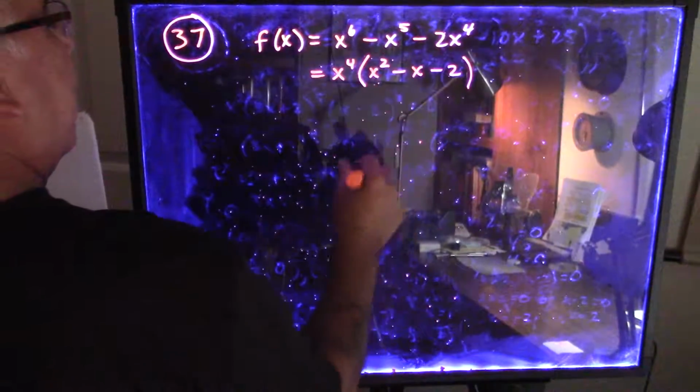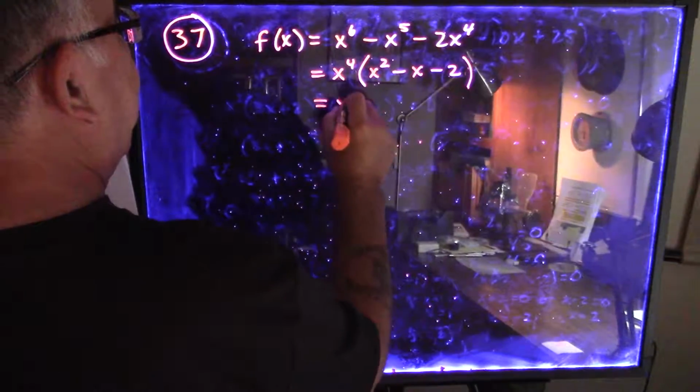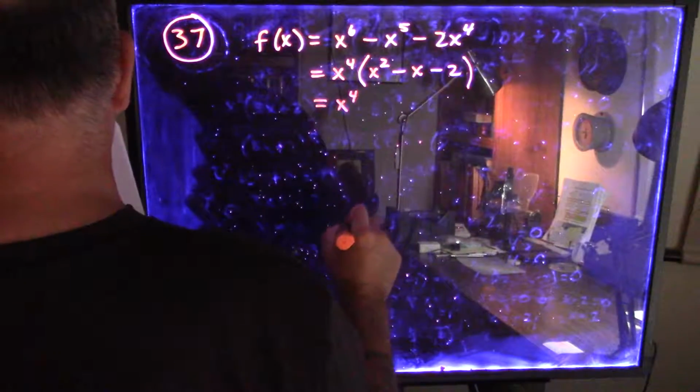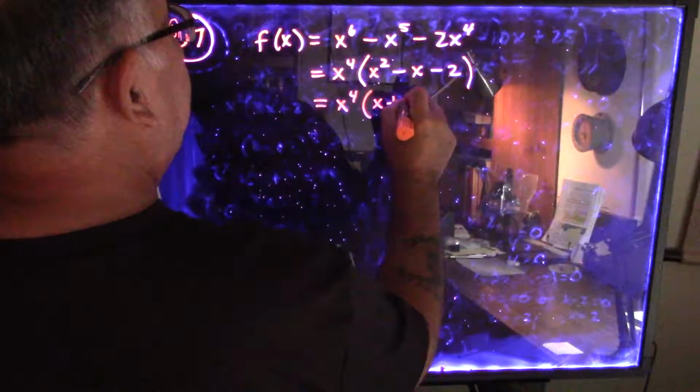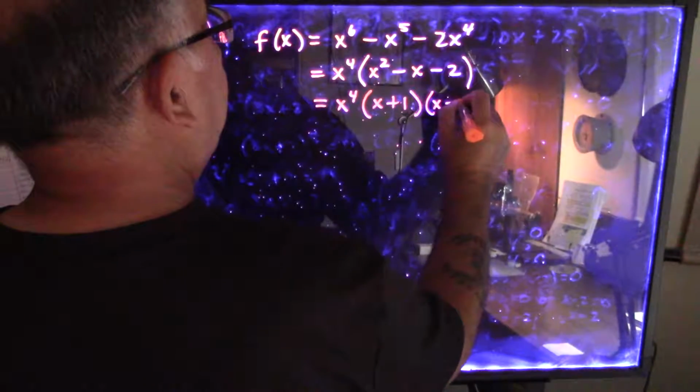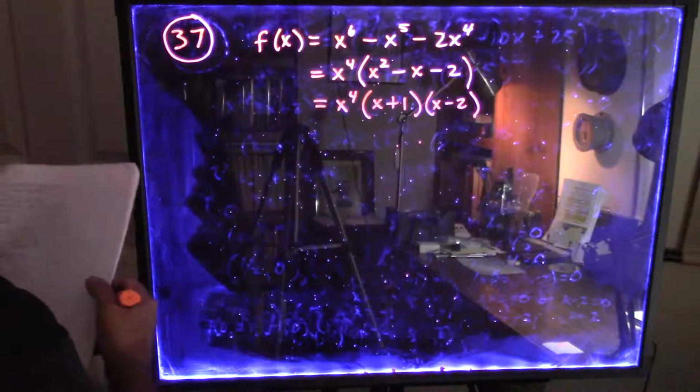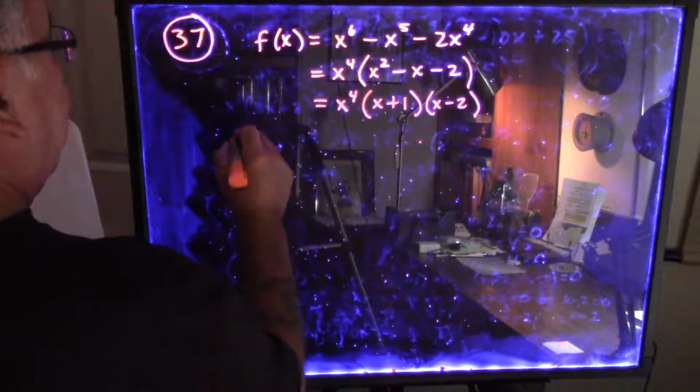Now factor that if you can, and you can here. So that would be x plus 1, x minus 2. Okay, now set all that equal to 0.